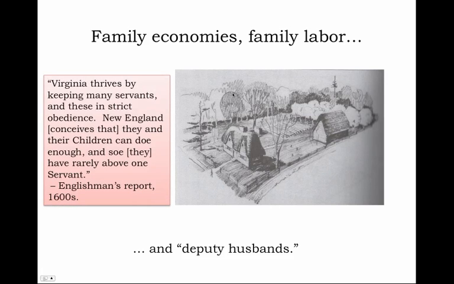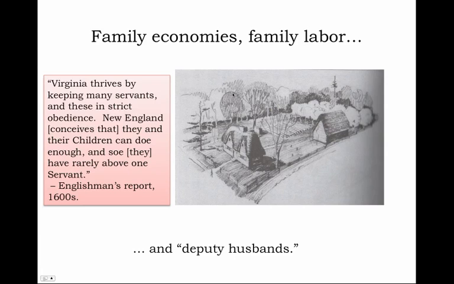One English visitor to the colony in the 1600s wrote, "Virginia thrives by keeping many servants, and these in strict obedience. New England conceives that they and their children can do enough, and so they have rarely above one servant."